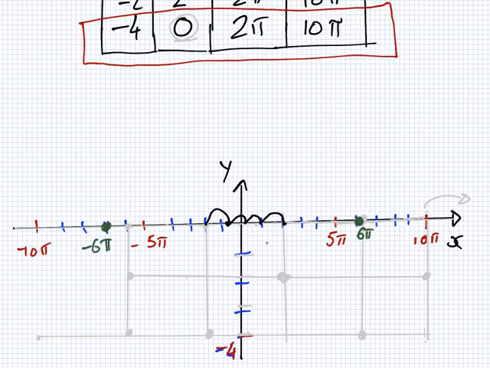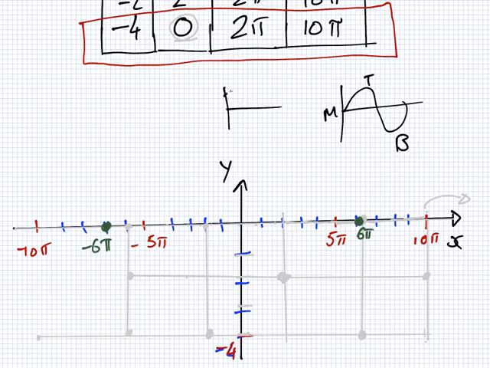Okay. So let's go back to the first window we drew. Because I have a sine graph, I start in the middle. Because if you think about sine, it goes middle to the top to the bottom. Where cosine would be top to the middle to the bottom.